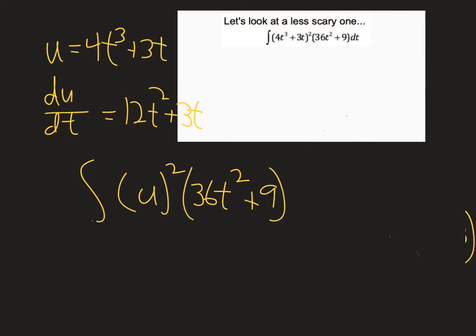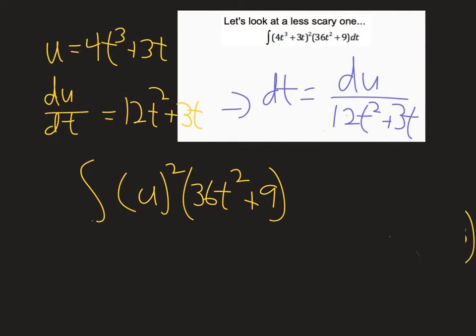But I can solve here for dt. So dt is du over 12t squared plus 3. We're playing fast and loose with how we treat these things. There's no t there. I got confused by the t's. There we go.